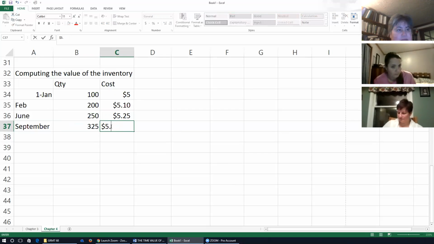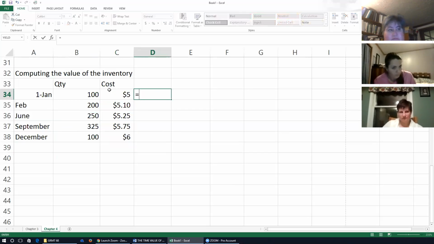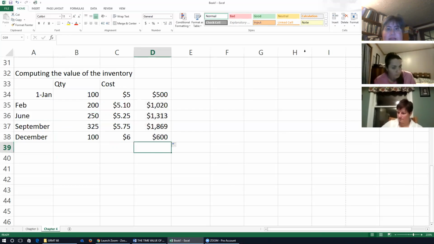And unfortunately, I'm going to make the price keep going up. I'm going to multiply these out to get a value on them, 100 at $5, and then carry that through and come up with a grand total.